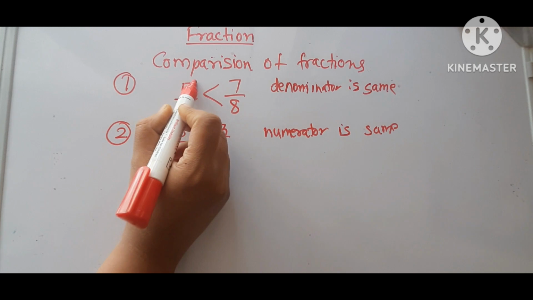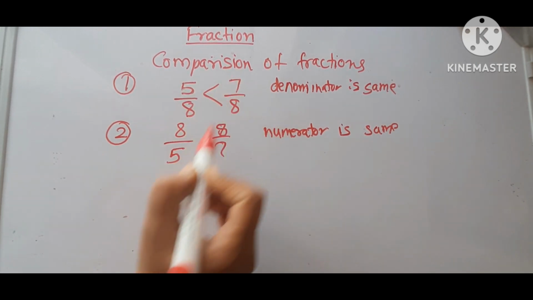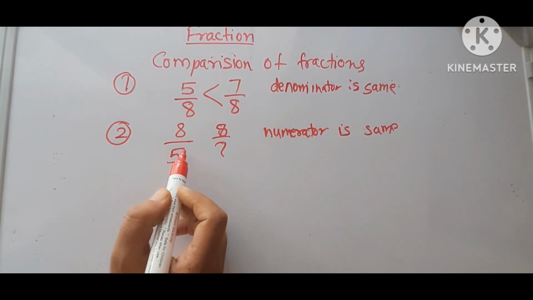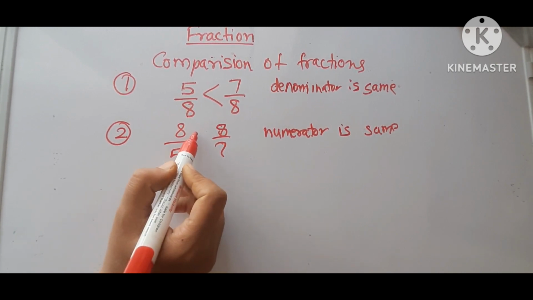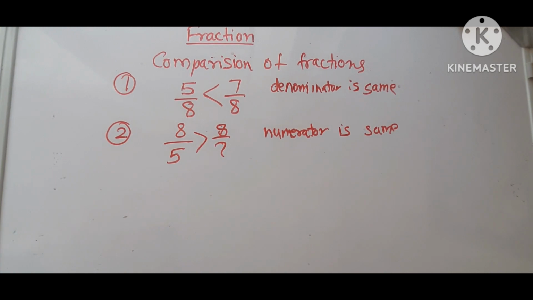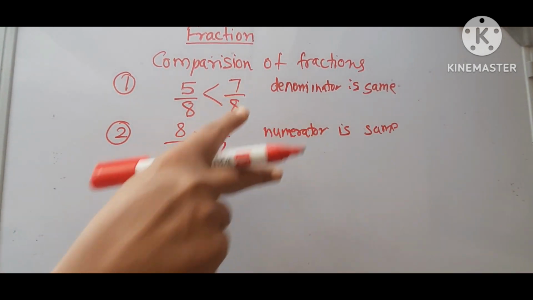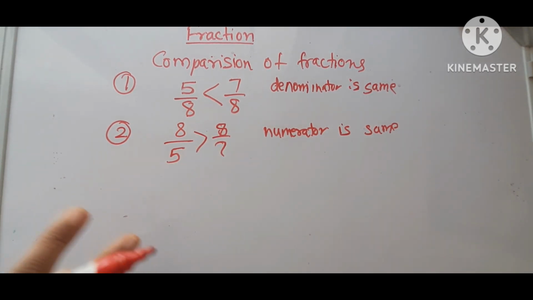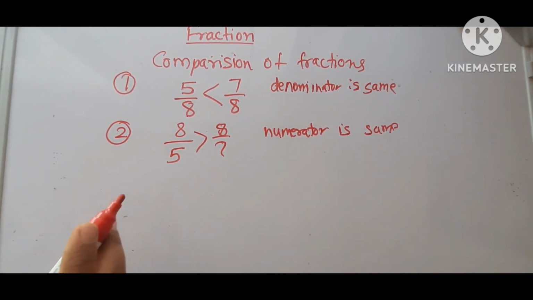In the first case, if the numerator is larger, the fraction is larger. In this case, if the denominator is larger, the fraction is smaller. So here we can say 8/5 is greater than 8/7.